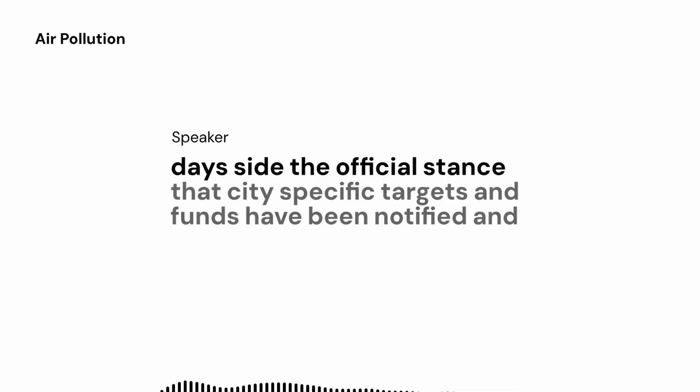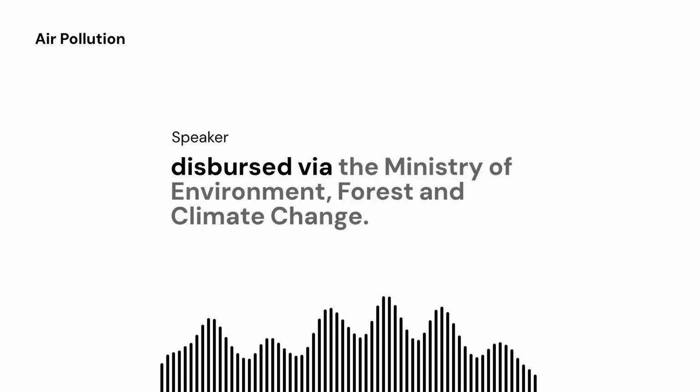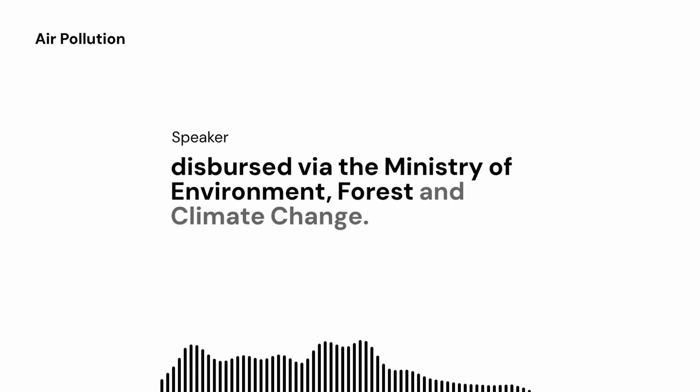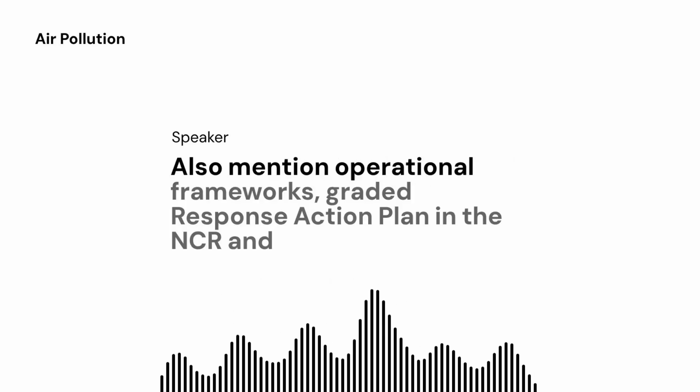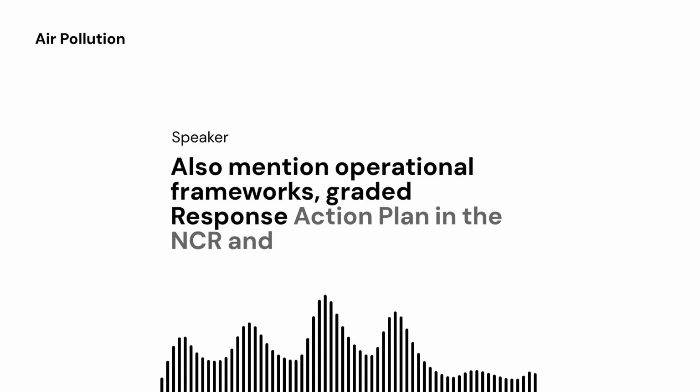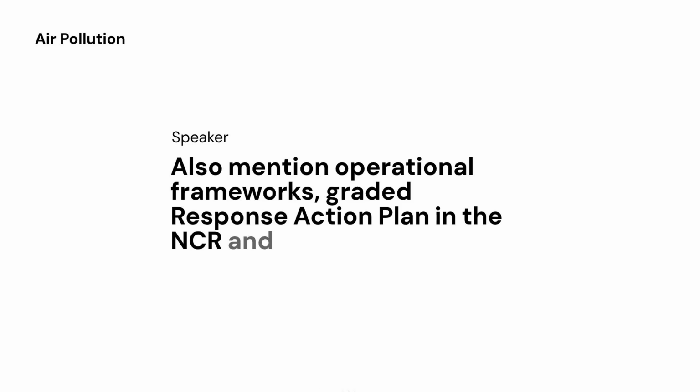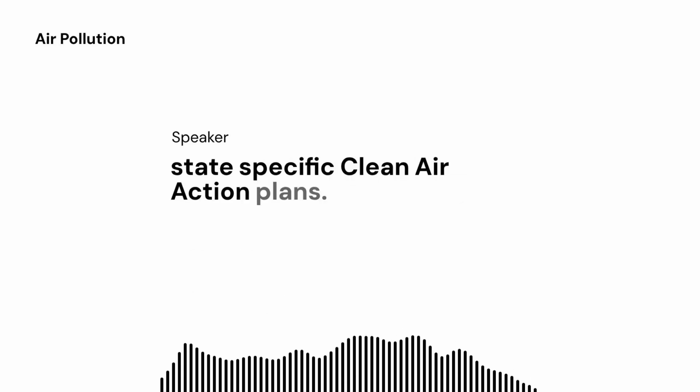Cite the official stance that city-specific targets and funds have been notified and disbursed via the Ministry of Environment, Forest and Climate Change. Also mention operational frameworks, Graded Response Action Plan in the NCR, and state-specific clean air action plans.